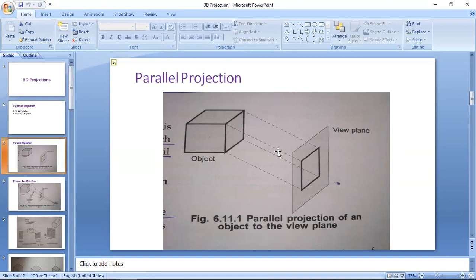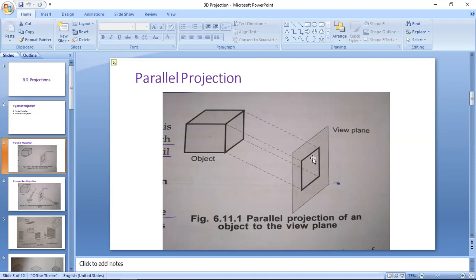The point of intersection is the projection of the vertex, and we connect the projected vertices by line segments which correspond to the connections of the original object. These line segments are the projection lines, which connect the original object to your view plane. So that is the parallel projection.